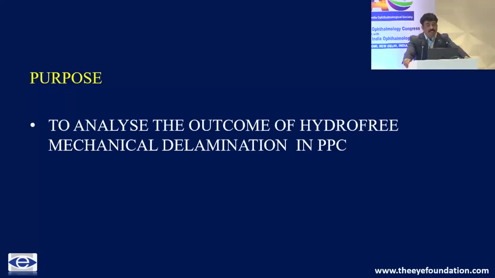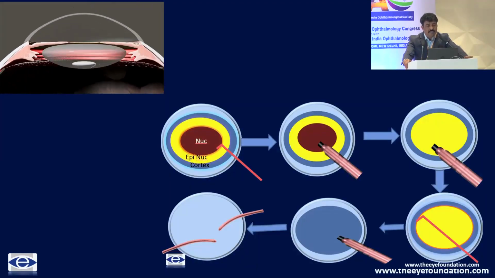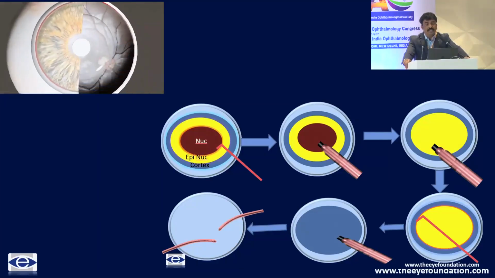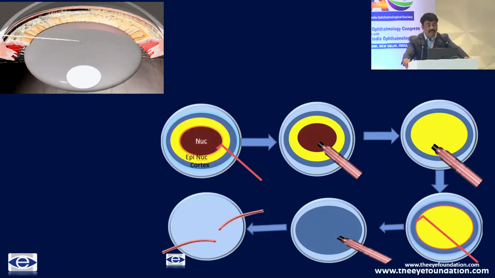The purpose of the study is to analyze the outcome of hydro-free mechanical delamination in a case of posterior polar cataract. Here is an animation and a clay model showing the procedure. We use a Sinskey hook or even a bent cystitome to create a 360-degree partial thickness groove between the endonucleus and the epinucleus.